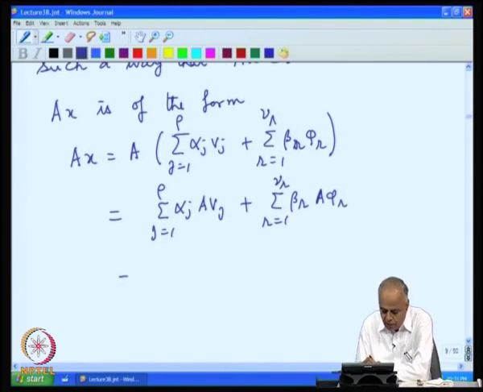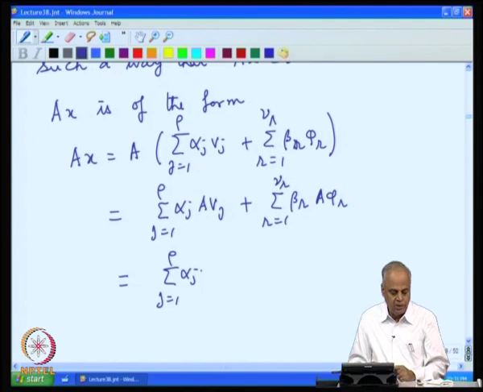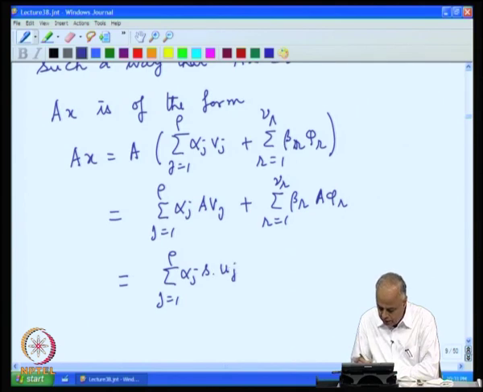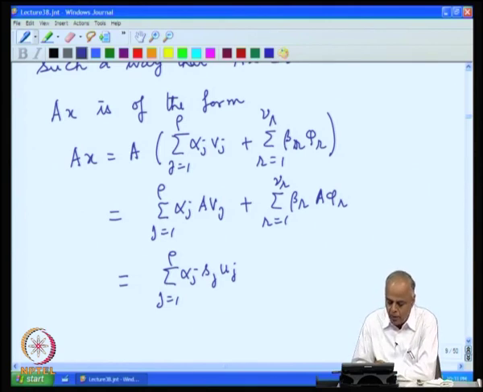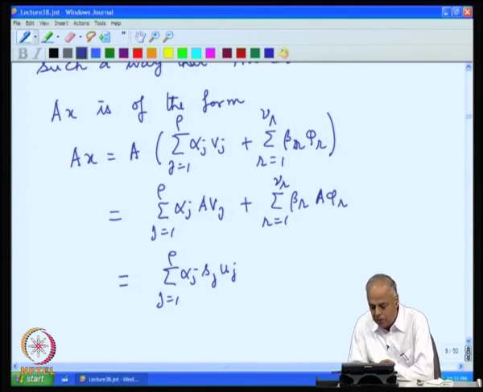Now, what is this equal to? Our choice of basis was such that A v j went to the u j direction with the scaling factor S j. So, A v j was S j u j. The first sum becomes the sum over j equal to 1 to rho of alpha j S j u j.